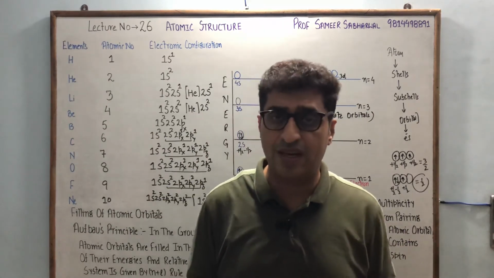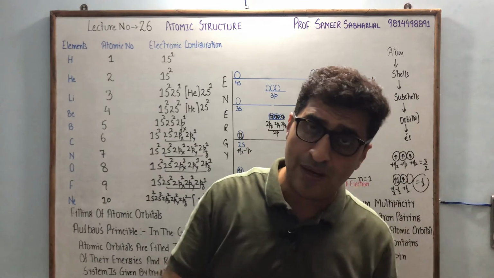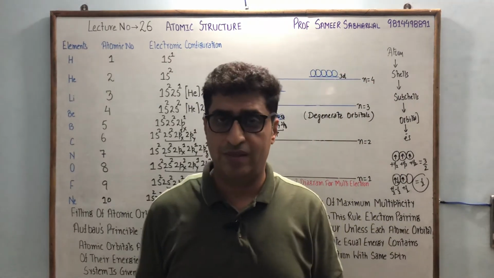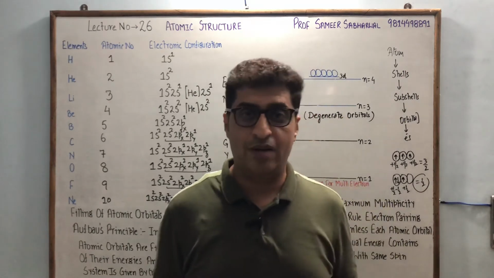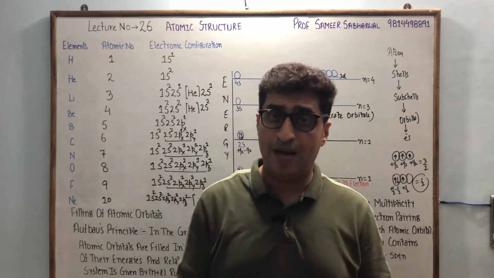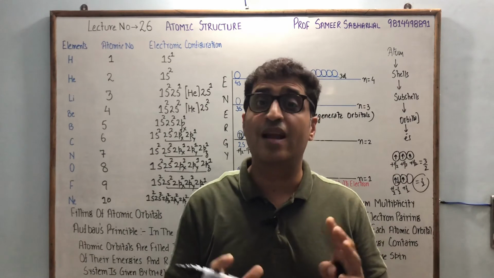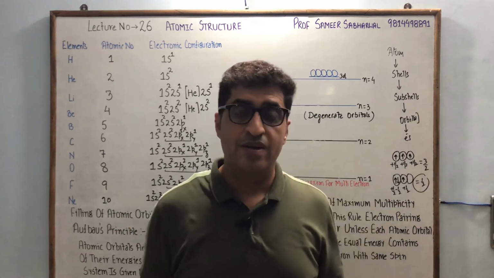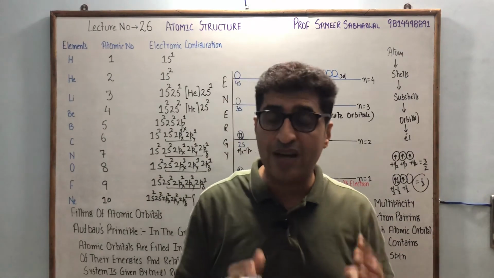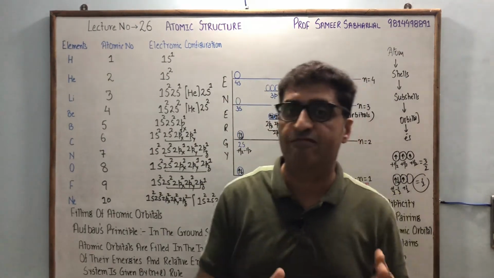So the very basic information, what are diamagnetic or what are paramagnetic substances? Diamagnetic substances are substances which have no unpaired electron, basic knowledge, and paramagnetic substances which have unpaired electrons. So diamagnetic substances are repelled by external magnetic field, whereas paramagnetic substances are attracted by external magnetic field.